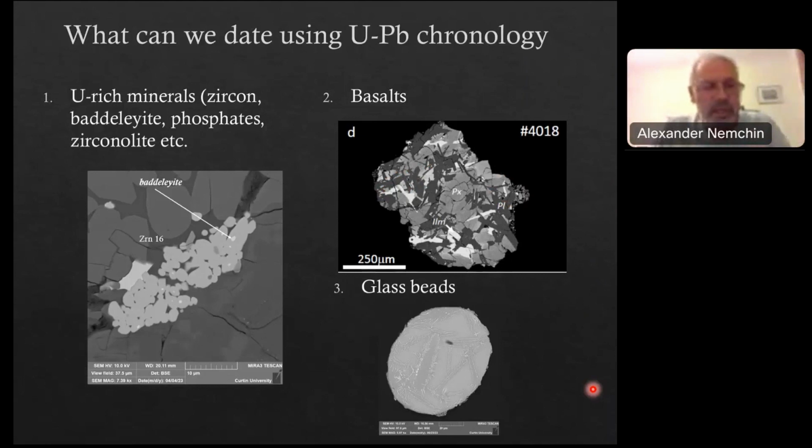We can, strictly speaking, split the materials we can deal with into three main groups. One of them is, of course, uranium-rich minerals: zircon, baddeleyite, phosphates, and so on. Basalts are the second group, and finally glass beads.